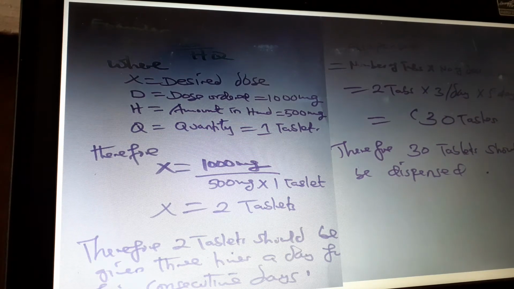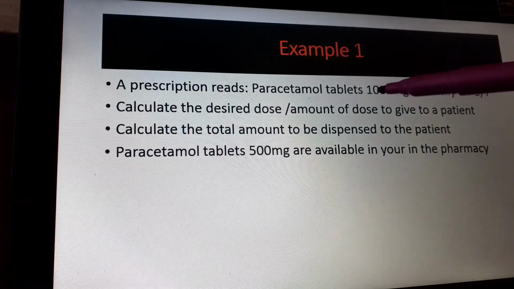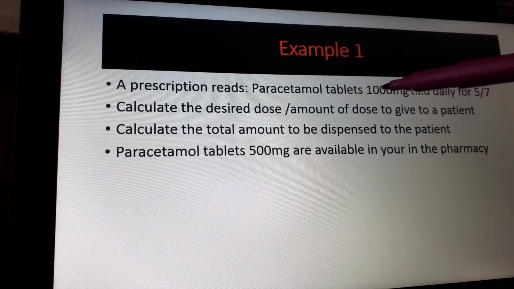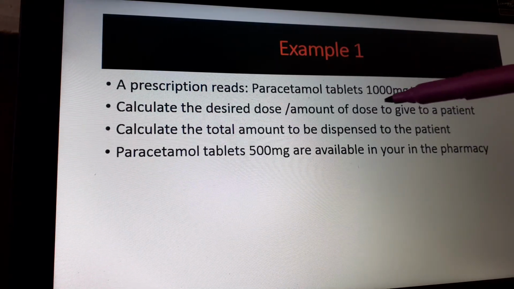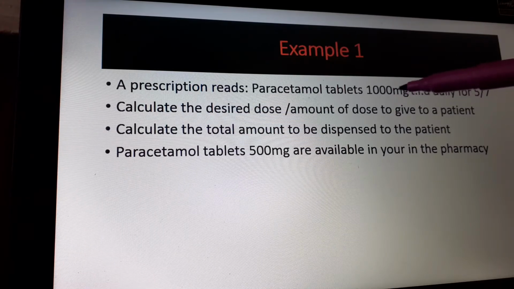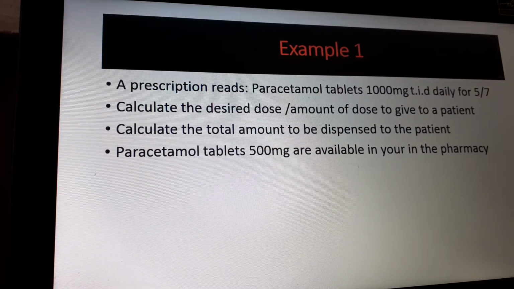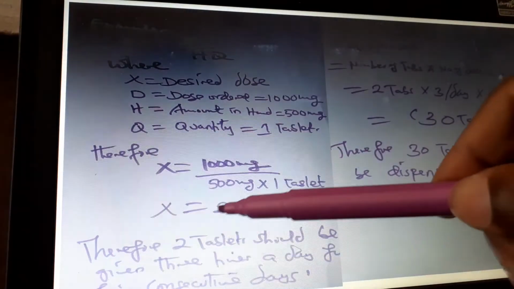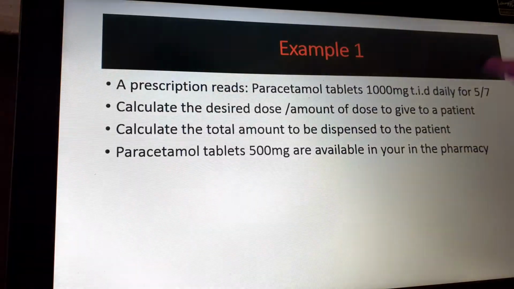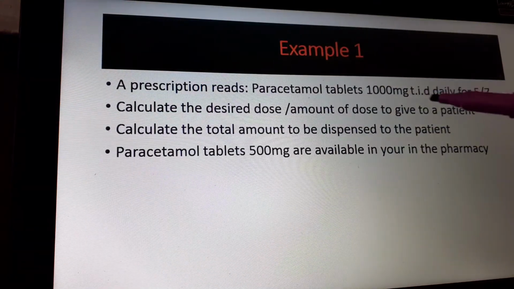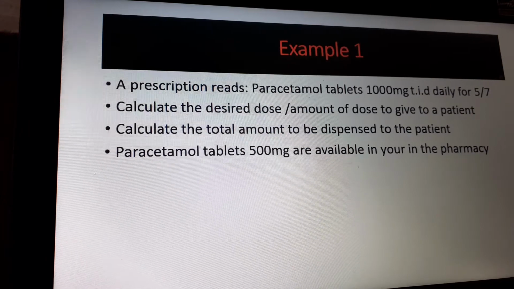Now, from our question here, the amount is 1000 milligram, where we have calculated and found that we should give 2 tablets. Then TID, so the drug should be given 3 times in a day for 5 days.